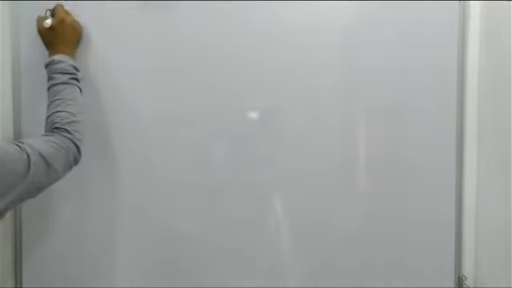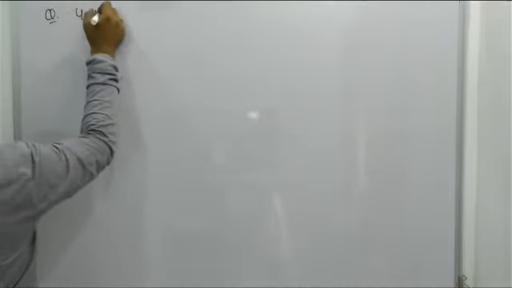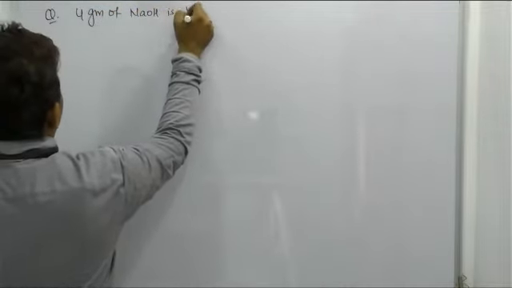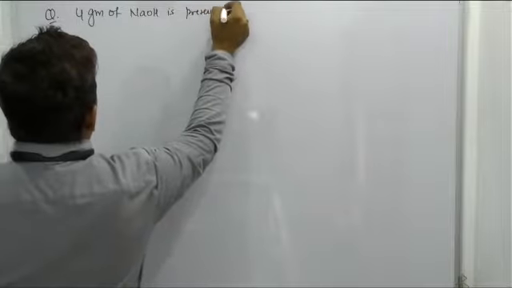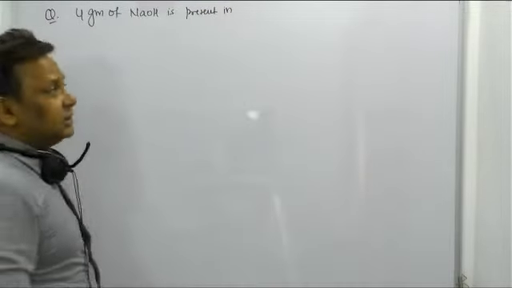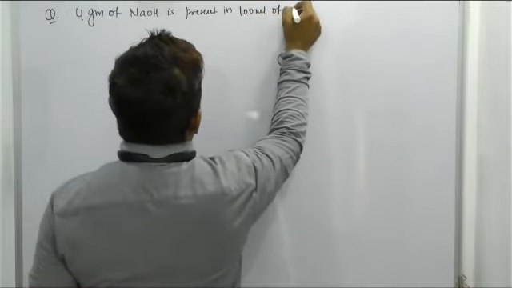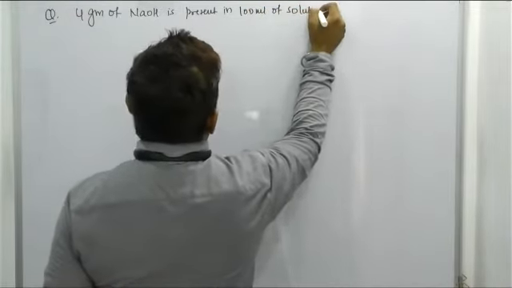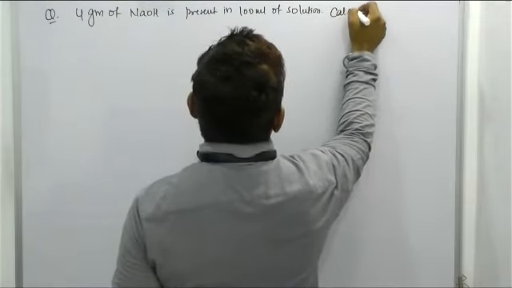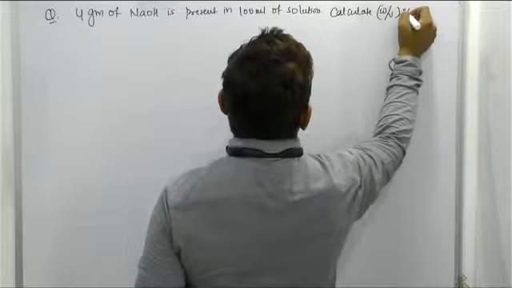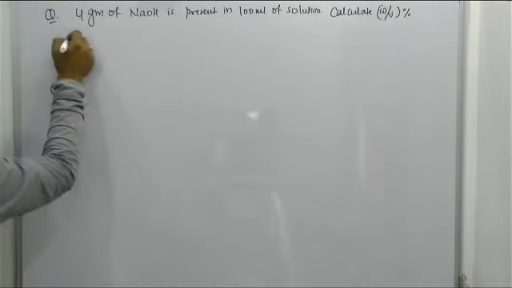But now we will do it this way. 4 gram of NaOH is present in 100 ml of solution, and they are asking us to calculate weight by volume percentage. See beta, what is the formula of weight by volume?